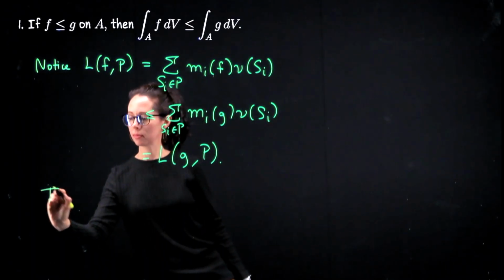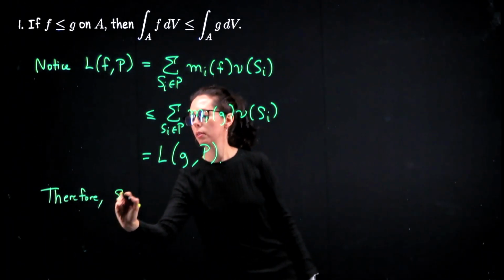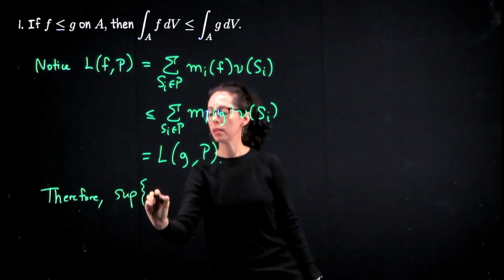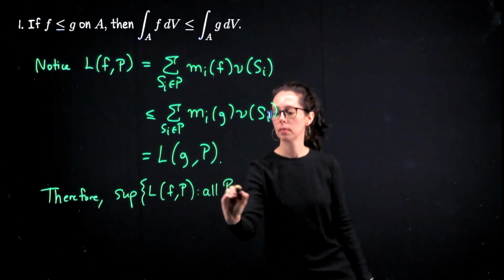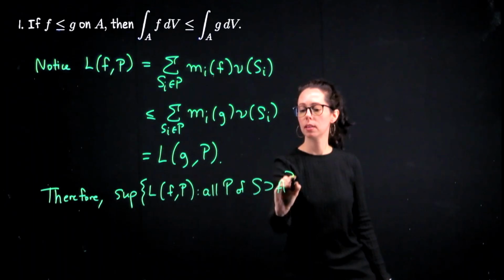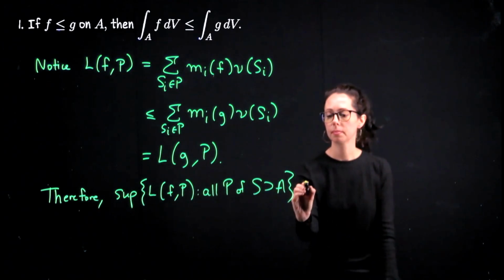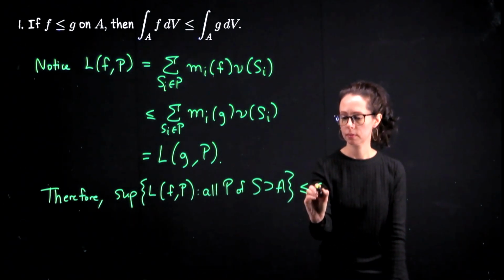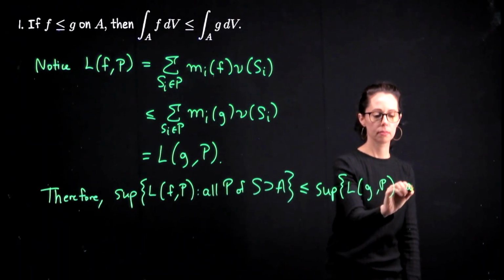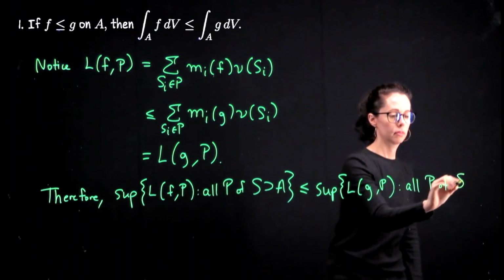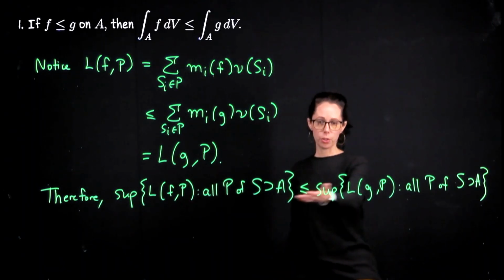Therefore, the sup of all possible lower sums of F with respect to all possible partitions P of S is less than or equal to the same construction but for G. But what are these two measurements?